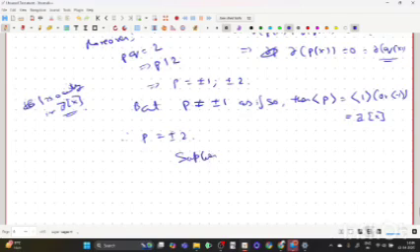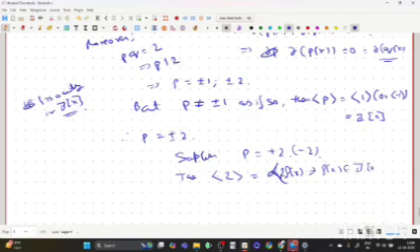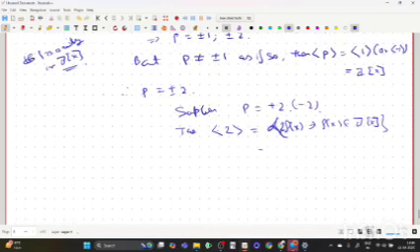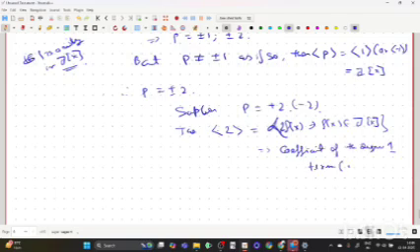Now suppose p is equal to plus 2, and the same will hold for minus 2 as well. Then what is the ideal generated by 2 in Z[x]? It should be the polynomials of the form f(x) times 2, such that f(x) is in Z[x]. That implies that the coefficient of the degree 1 term, if the first degree term exists, must be even, right?